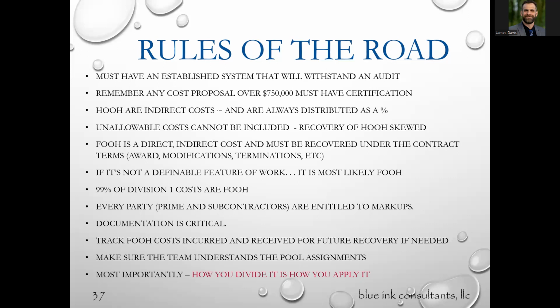Anything over those dollar thresholds, it's a truth in negotiations, sir. They're saying that you have accurate, that this is to the best of your knowledge. They're looking for fraud. They're looking for false statements. They're looking for things that might be able to criminally get you in trouble.